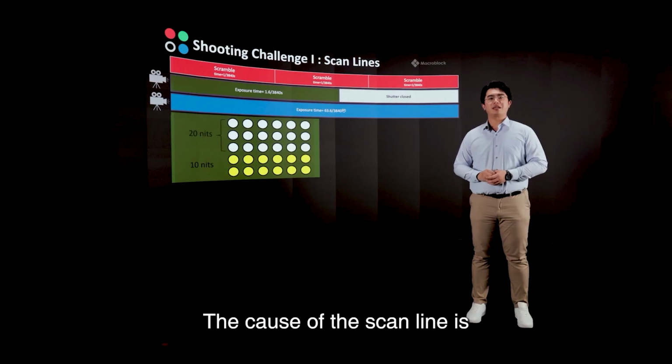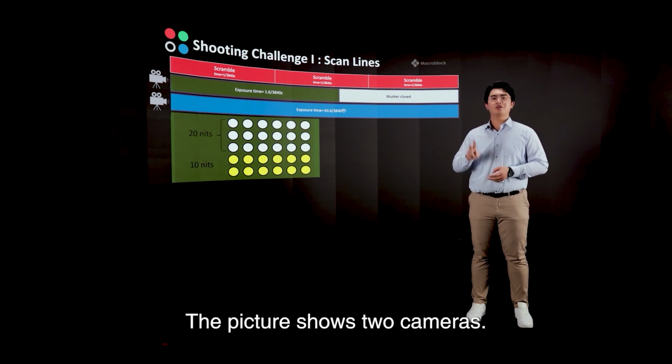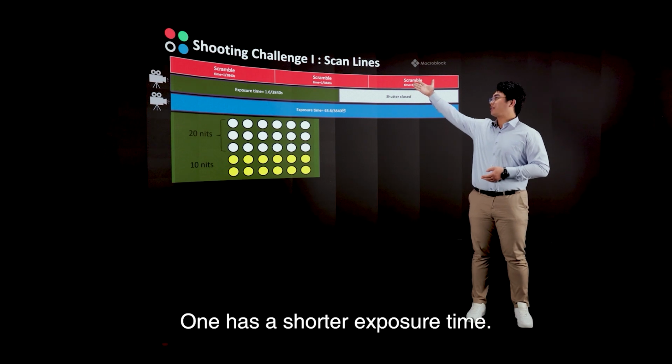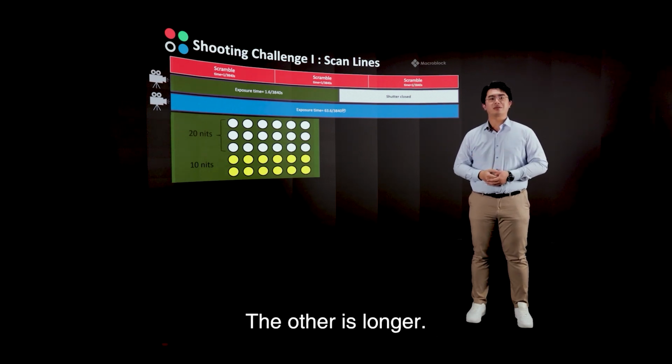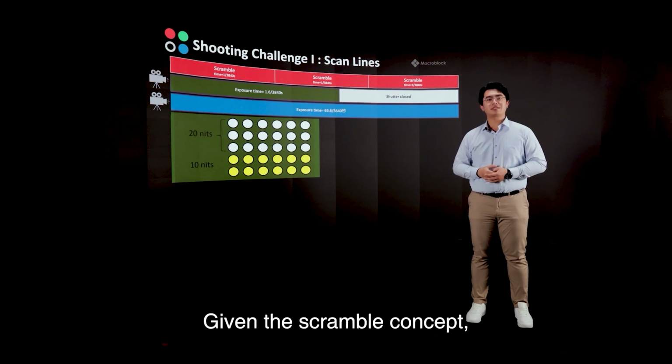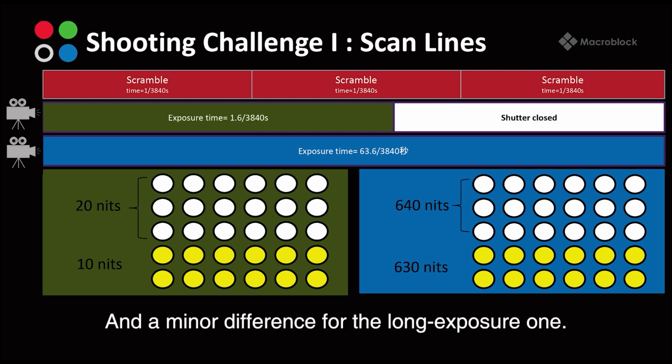The cause of scan line is related to the shutter time. The picture shows two cameras. One has a shorter exposure time, the other a longer one. Given the scramble concept, you will see a 2 times brightness difference between the first 3 lines and the latter 2 with the short exposure camera, and a minor difference for the long exposure one.